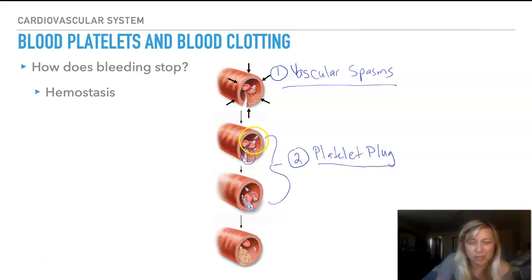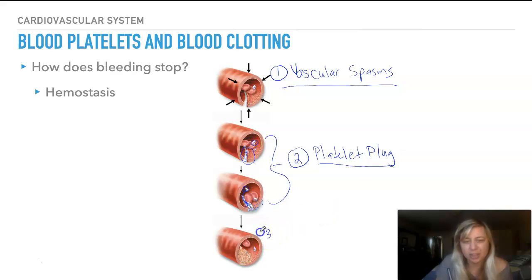So as the platelets are flowing through in the blood supply, they're going to be sticking to those little collagen fibers. And then when platelets get stuck there, they release chemicals out into the bloodstream that are going to attract more platelets. So this is an example of a positive feedback mechanism involved with our body. So more chemicals, more platelets, more chemicals.